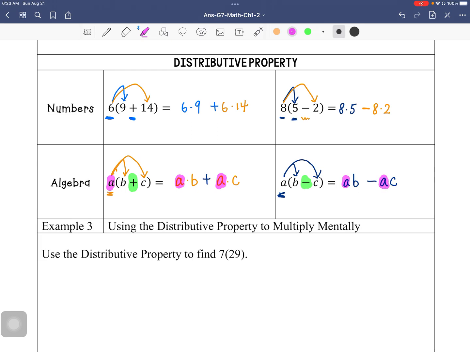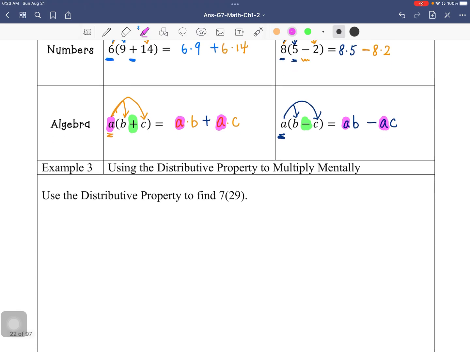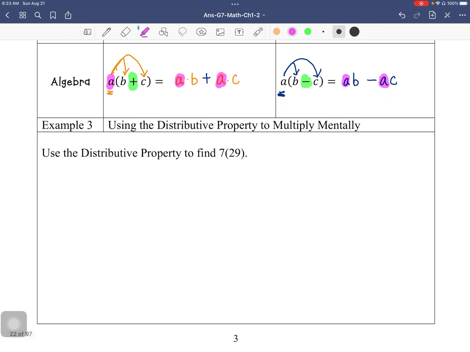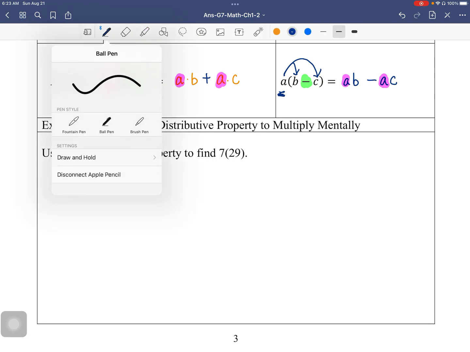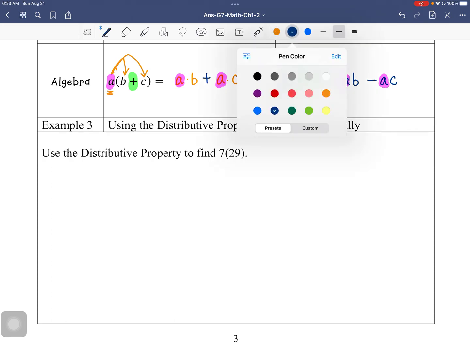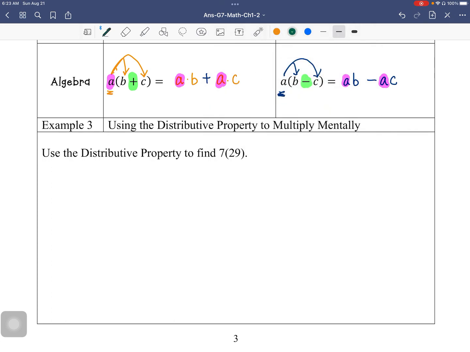So in example 3, I want to use distributive property to find 7 times 29. So there are 2 cases. Method 1, I use addition, 20 plus 9.